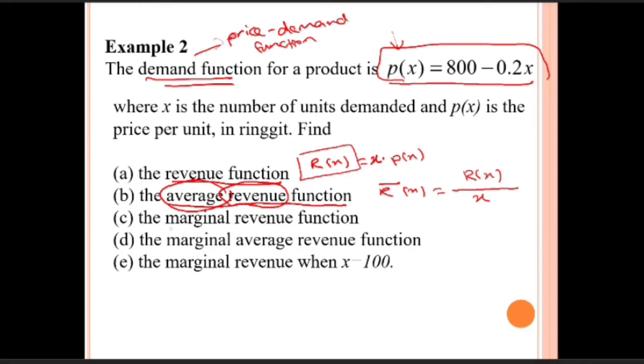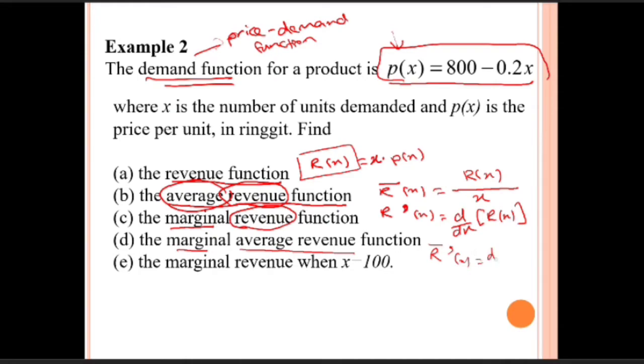Next, we have marginal revenue function. See the word marginal? It means that there's a prime. What's the function? Is the revenue function. So R prime X. R prime means we have to differentiate d over dx, the function of revenue, Rx. Now, to find the marginal average revenue function, this is the prime. But what do you have to prime? Average revenue function. And average revenue function is just R bar.